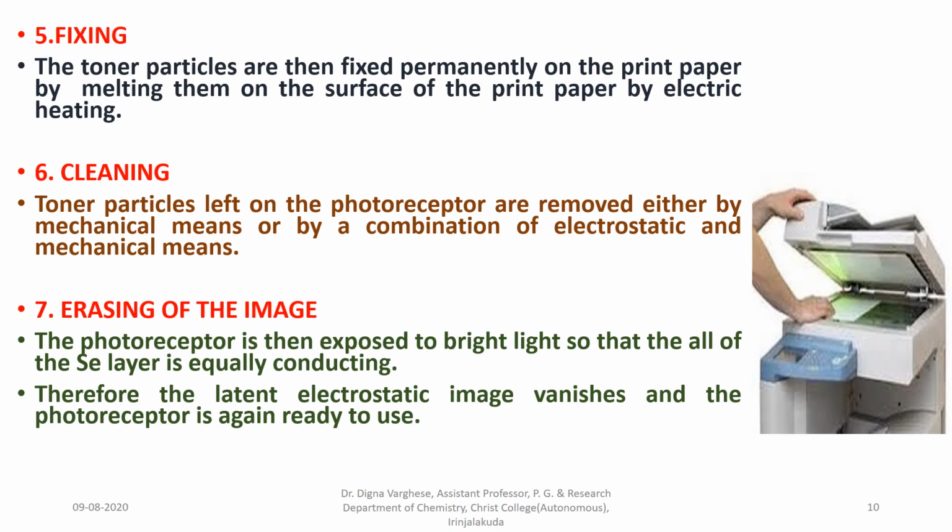After 2 or 3 seconds, another light is passed in the opposite direction. That light is actually used for erasing the image, and the photoreceptor becomes ready for another use.